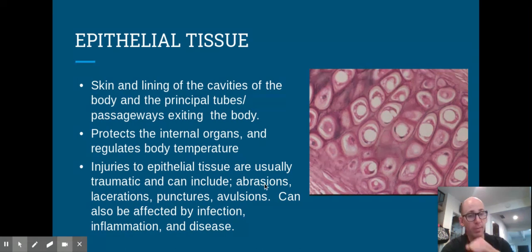An abrasion is a rubbing injury. A laceration is a cutting injury. A puncture is a poking or stabbing injury. An avulsion is a flap of skin being torn off but not completely separated. Epithelial tissue is primarily impacted by that, but infection, inflammation, and disease can also damage this tissue as well.